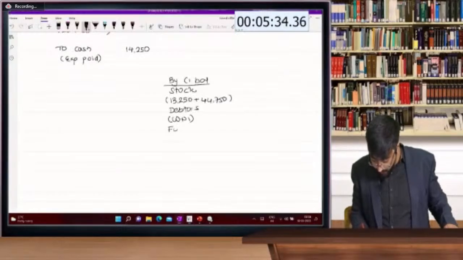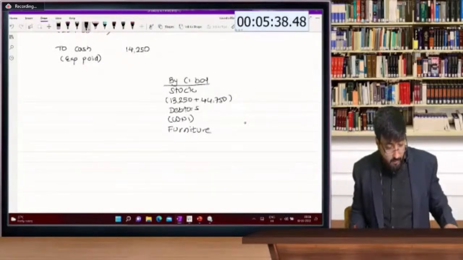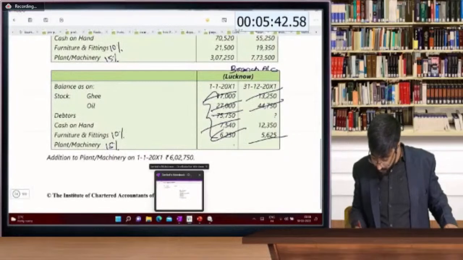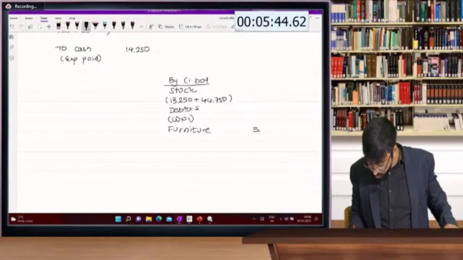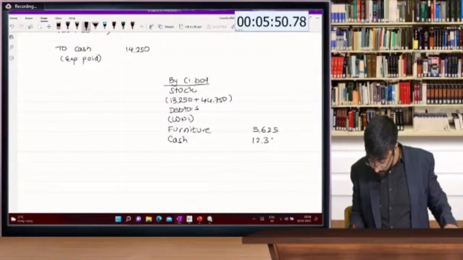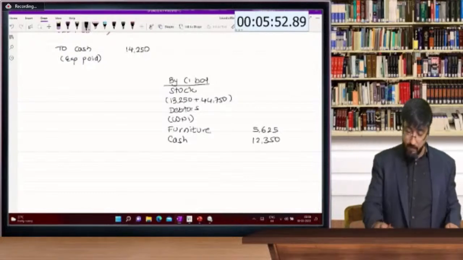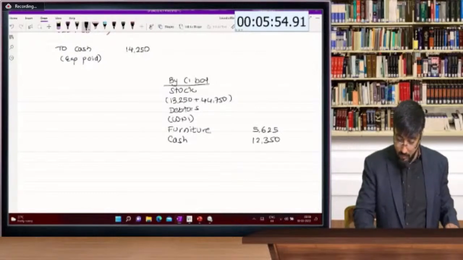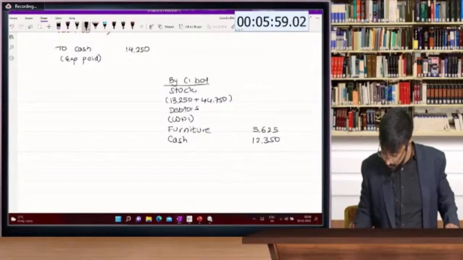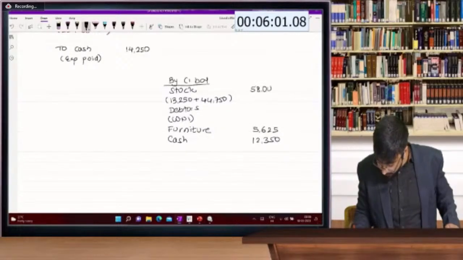Furniture 5,625. I forgot to take cash, sorry. Cash 12,350. 13,250 plus 44,750, 58,000.